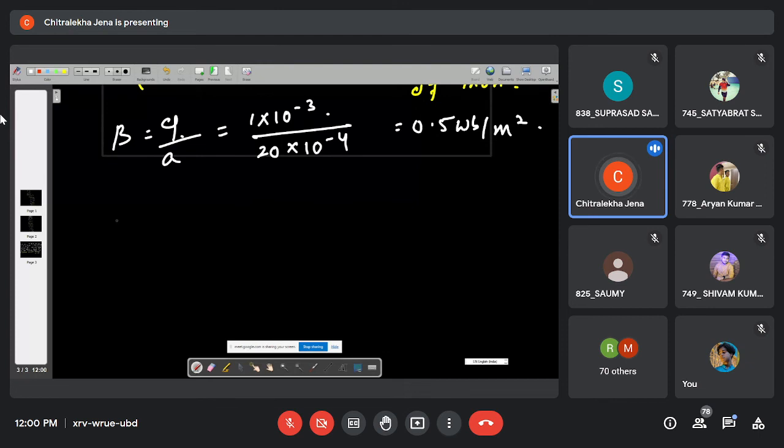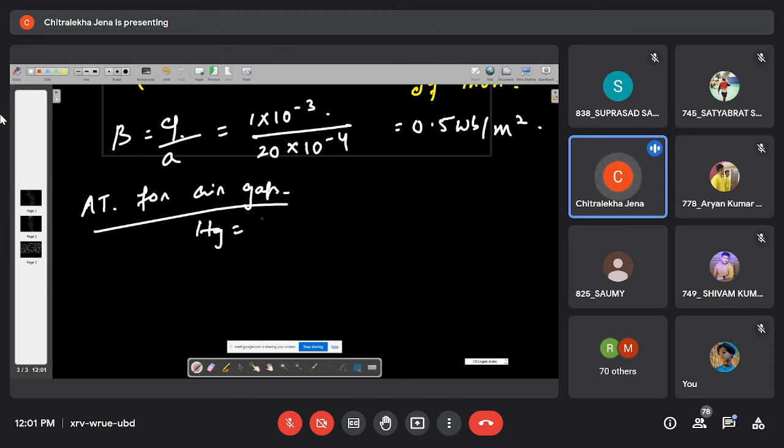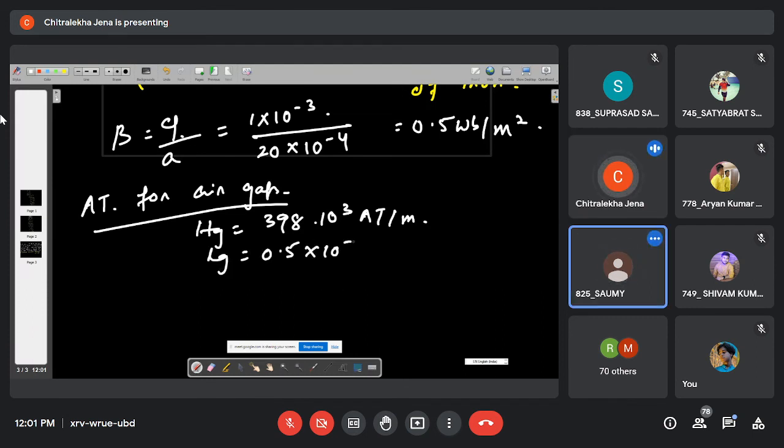So B is equal to 5 by A. Then ampere turns for the air gap will be equal to how much? Hg you will get as 398 into 10 to the power of 3 ampere turns per meter. Then Lg is given as 0.5 into 10 to the power minus 3 meter.